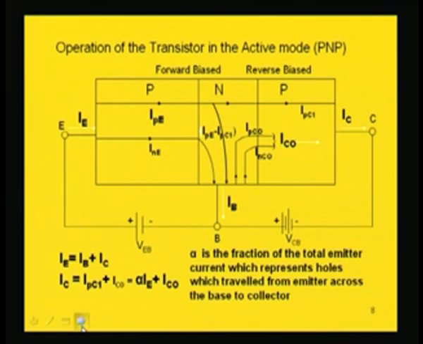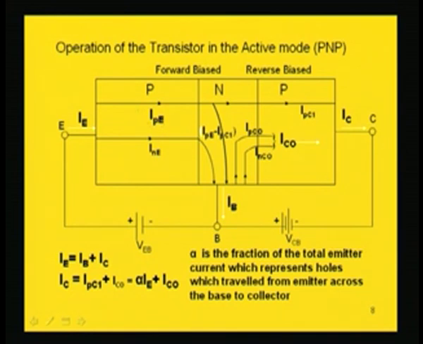Now, if we again only consider the current flow after this knowledge of the movement of the majority and minority carriers, then we get this picture that emitter current IE is due to these two components IPE and INE. IPE means the subscript P is for holes, subscript N is for electrons, E is for emitter.